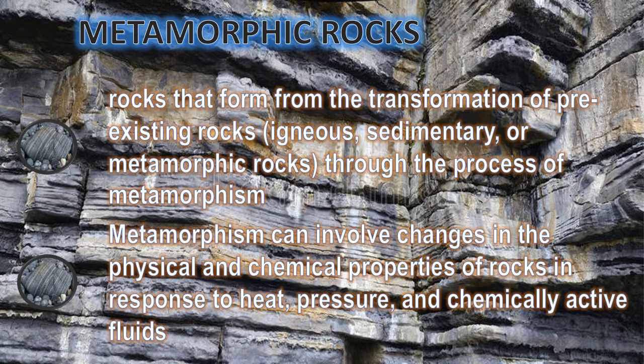Metamorphism can involve changes in physical and chemical properties in response to heat, pressure, and chemically active fluids. So remember, when we have metamorphic rock, its previous rock would be either igneous, sedimentary, or metamorphic itself.